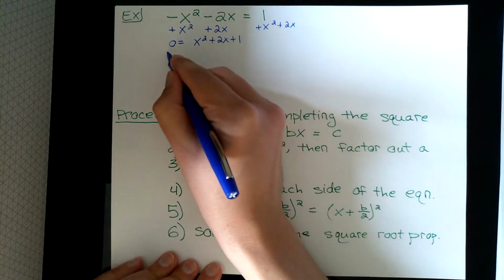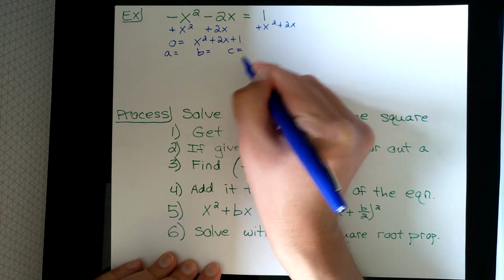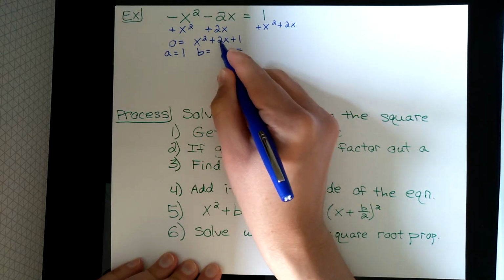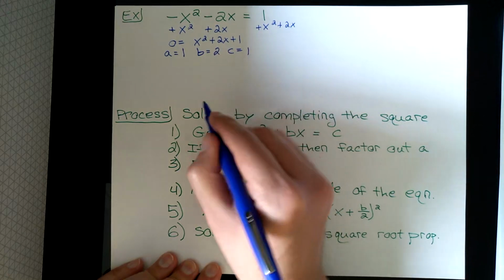At this point, we need a, b, and c. A again is just 1, b is 2, and c is 1.